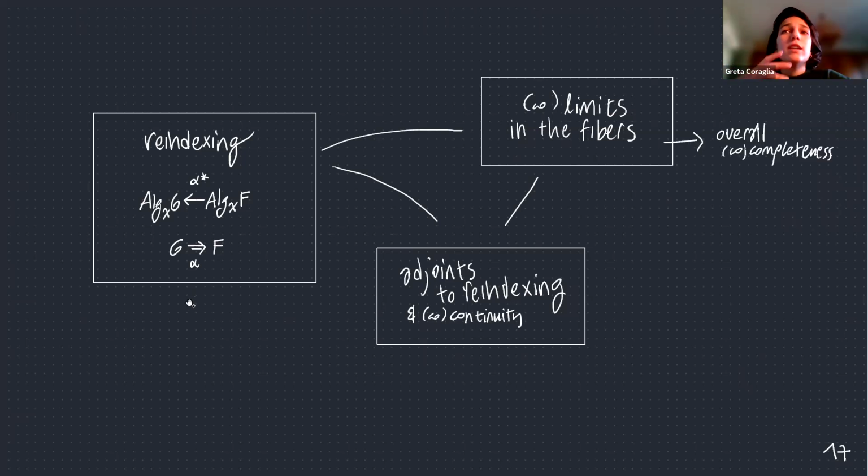For example, we can use them to address the problem of completeness or cocompleteness of the total category. We have a few scattered results in this respect. I'm going to show you just three, actually two more than what you've seen right now. We have more, but I wanted to show you just three that give an idea of the possibilities.